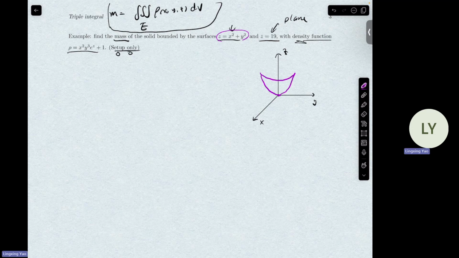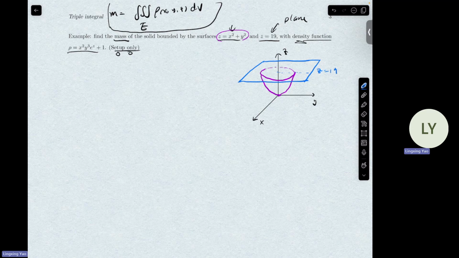You look at something like this, right? And then there is a plane at the height z equals 19.